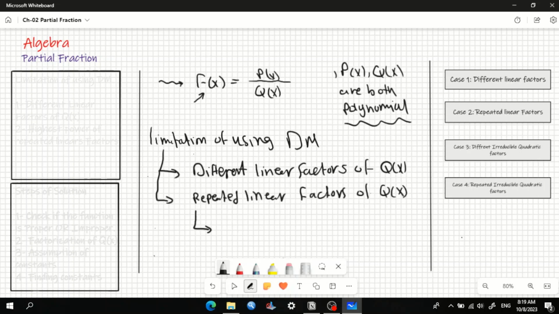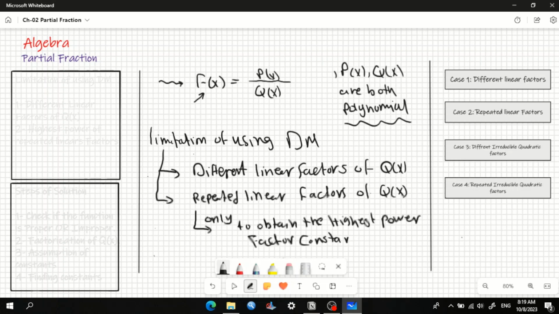But here we use the direct method only to obtain the highest power factor constant. And that will be clear by example.